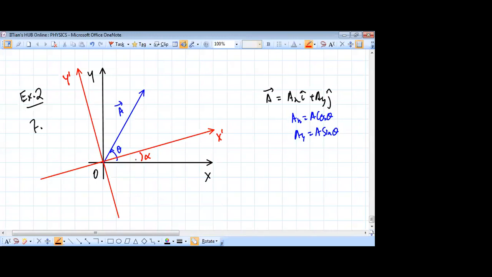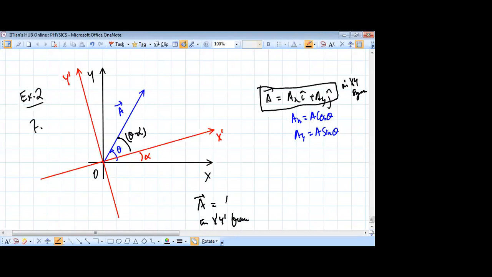So that means this angle now becomes theta minus alpha. So this is the vector E in xy system. But similarly, what would be the vector E in x prime y prime frame?